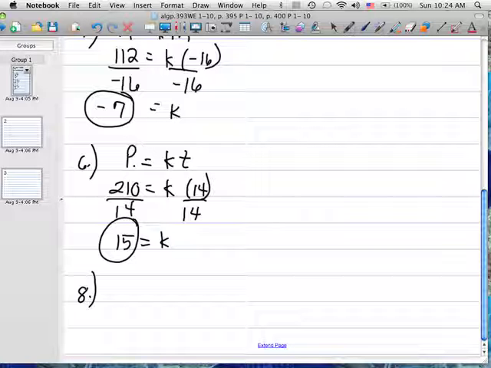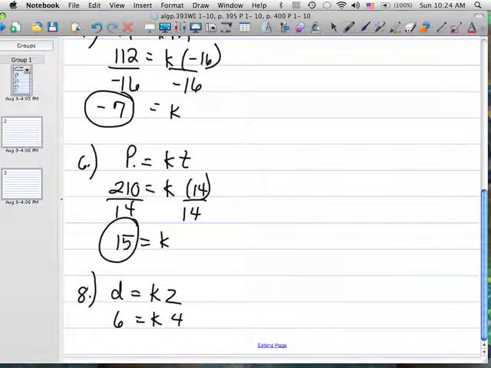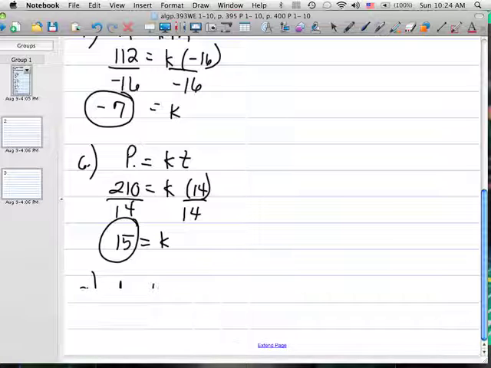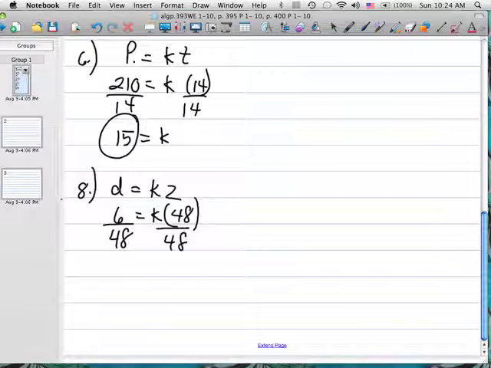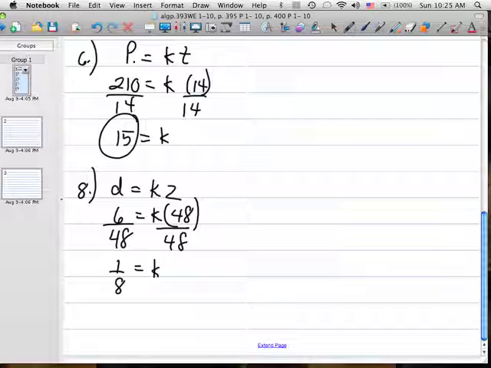Number 8, D varies directly as Z, so D equals KZ. D is 6, and Z is 48. So dividing both sides by 48, we get 1/8 equals K. And then they want us to find D when Z is 20.